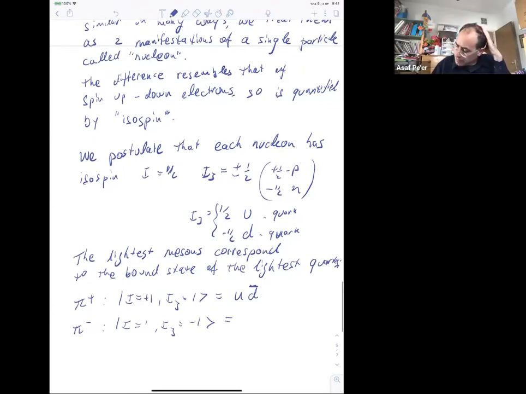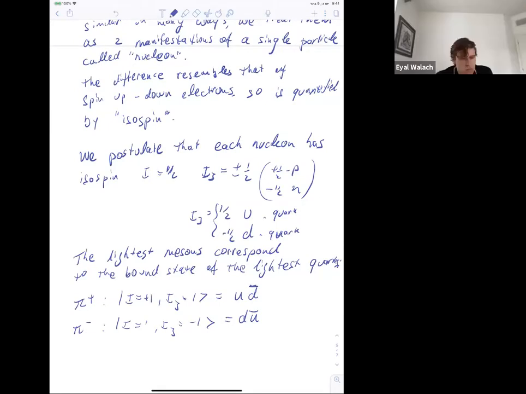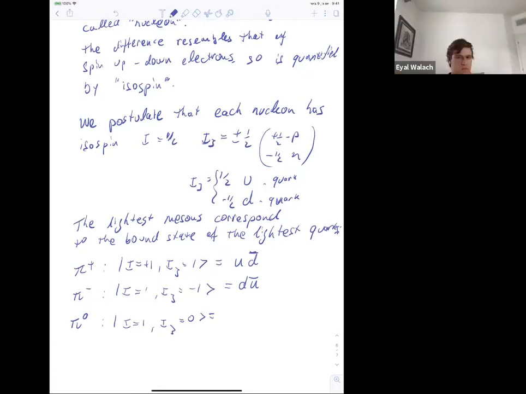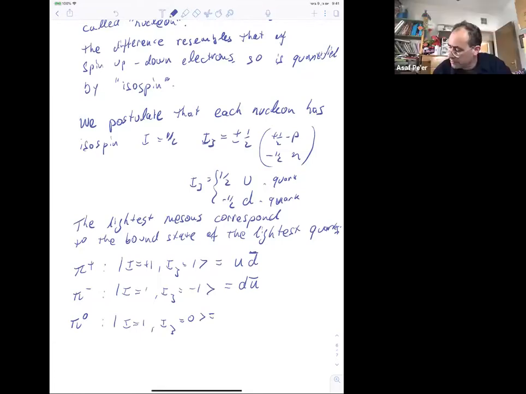So of course it's the opposite, down and anti-up quark. And for the neutral pion, this would correspond to I equal 1 and I3 equal 0. So now it's a linear combination, 1/√2 of up anti-up minus down anti-down.